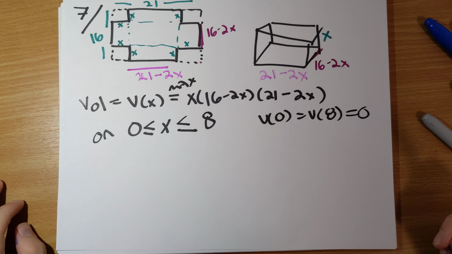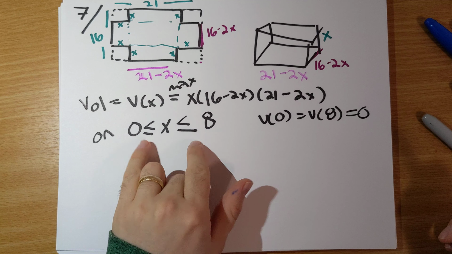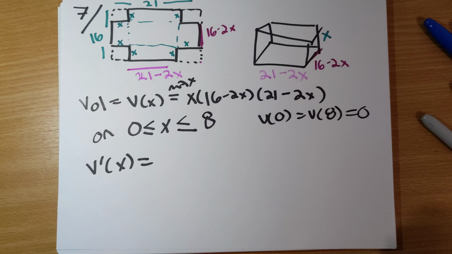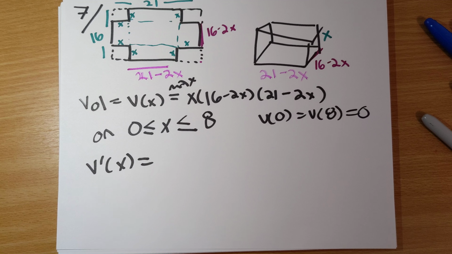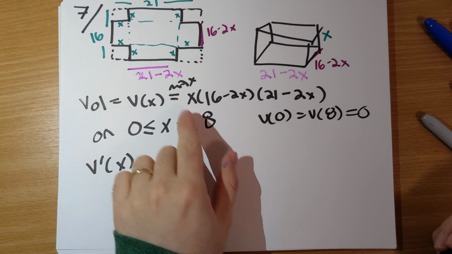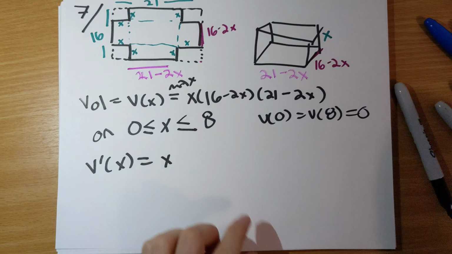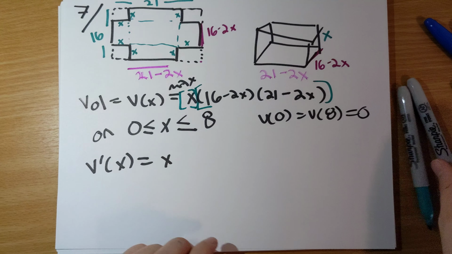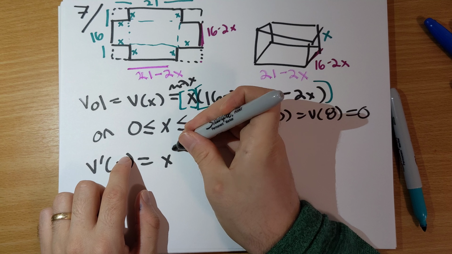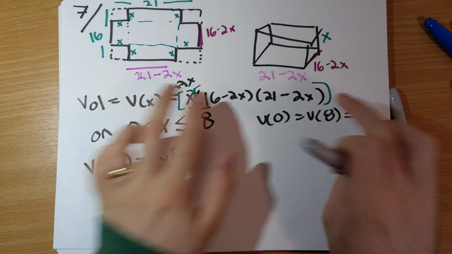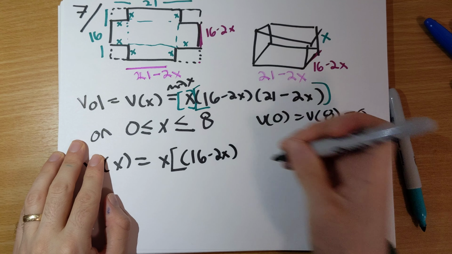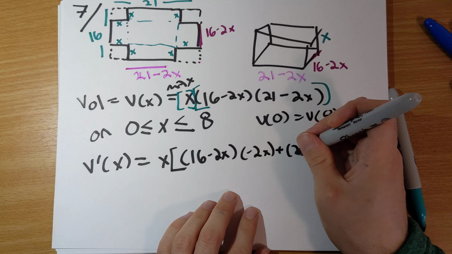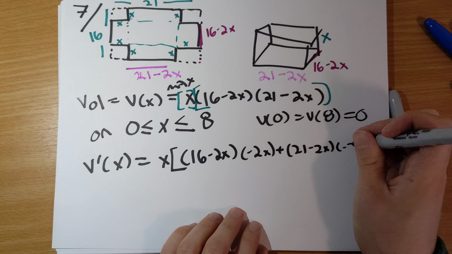Now we just need to see what critical points are in the interior of this interval. So V prime of x, so we take the derivative here. This will be by the product rule. It will be x times, I'm going to group all of those terms together for product rule purposes, so it's x times the derivative of this, which is going to be 16 minus 2x, times the derivative of this, which is negative 2, plus 21 minus 2x times the derivative of this, which is negative 2.